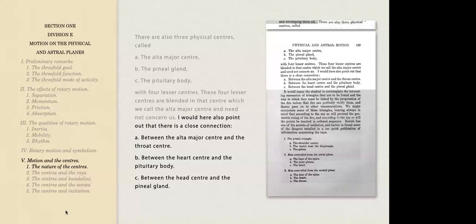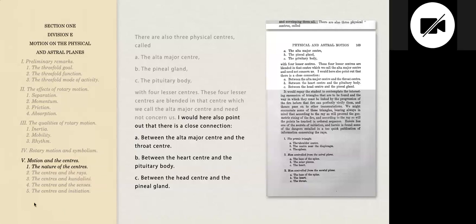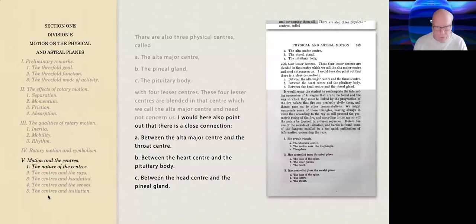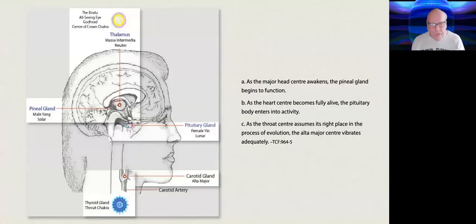That in fact, these physical centers or glands begin to function as a result of the awakening of their related centers. Quote, as the major head center awakens, the pineal gland begins to function. As the heart center becomes fully active, the pituitary body enters into activity. As the throat center assumes its right place in the process of evolution, the alta major center vibrates adequately. Okay. I think it's an important thing to keep in mind.